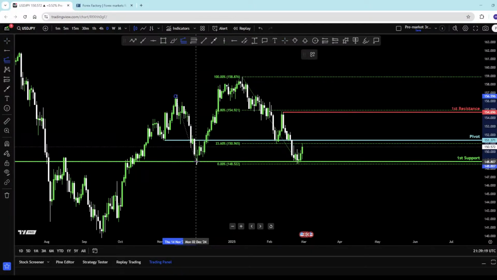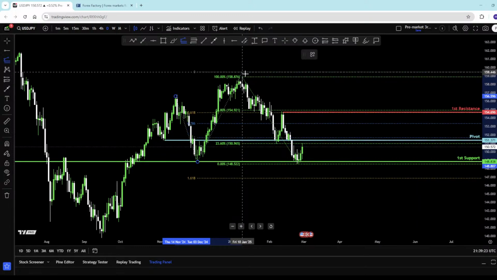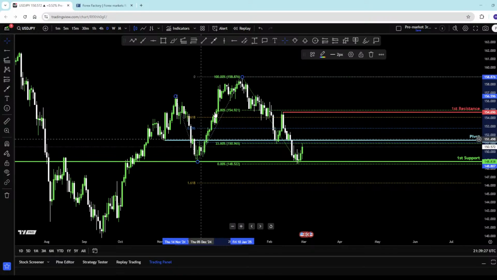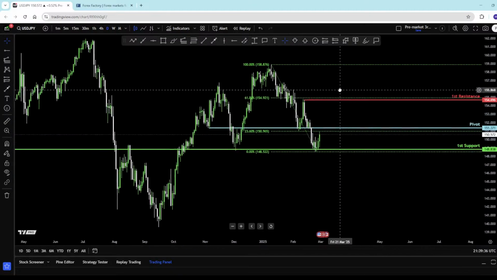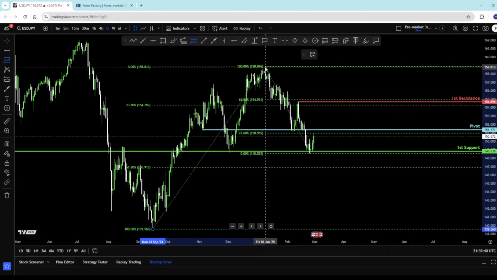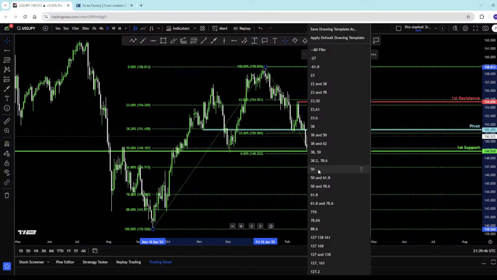Maybe let's check the projection as well. Okay, no, none of these levels work. I'm using another retracement here. You can see the 50% lines up nicely with our first support.